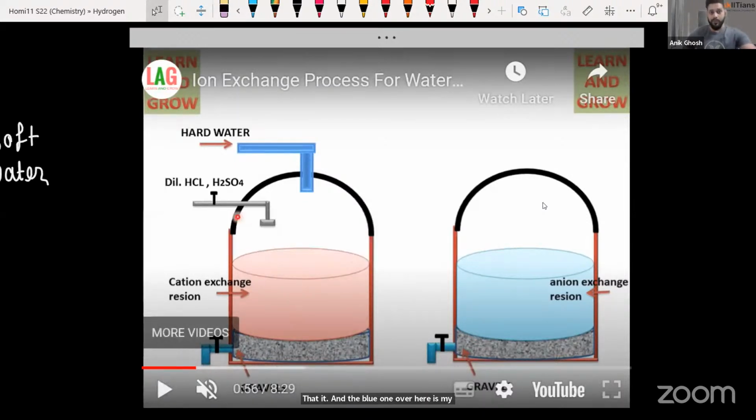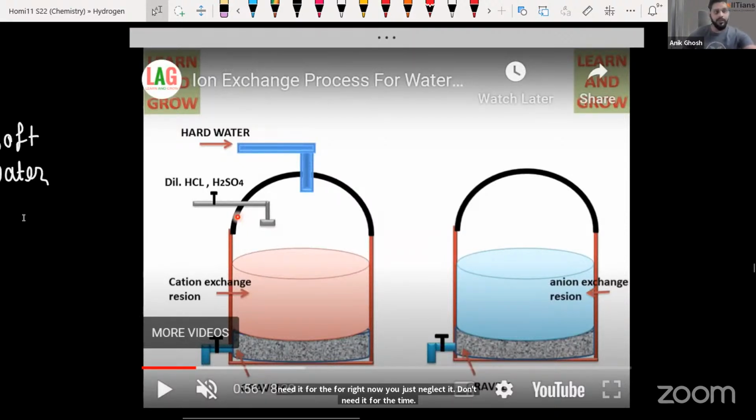So what is happening over here? First, see what all things are present here. First of all, guys, you can see there's an inlet of hard water. The hard water is going to enter through the cation exchange resin. You can see the names are also given, cation and anion. Now see what happens. There is something called dilute HCl and H2O. Right now you just neglect it. Don't need it for the time being. I'm going to tell you what it is.